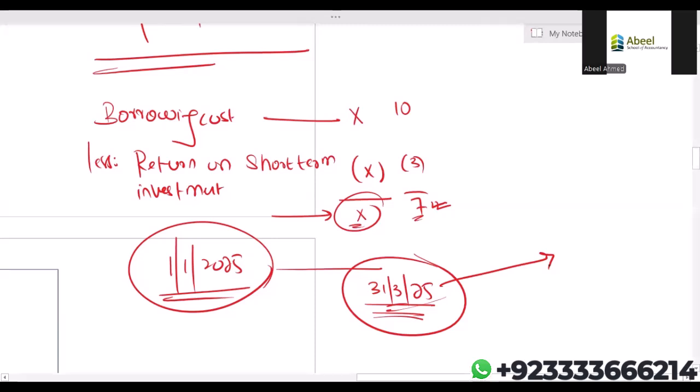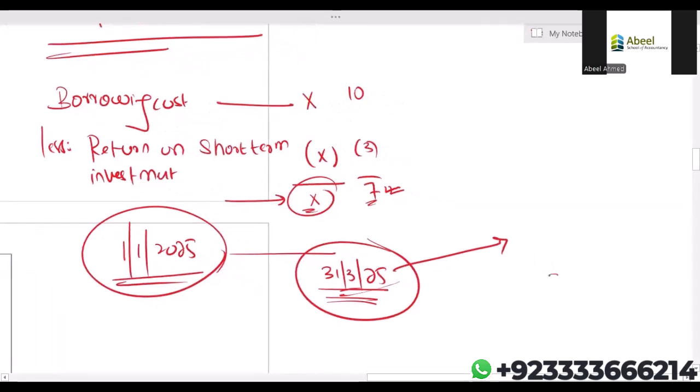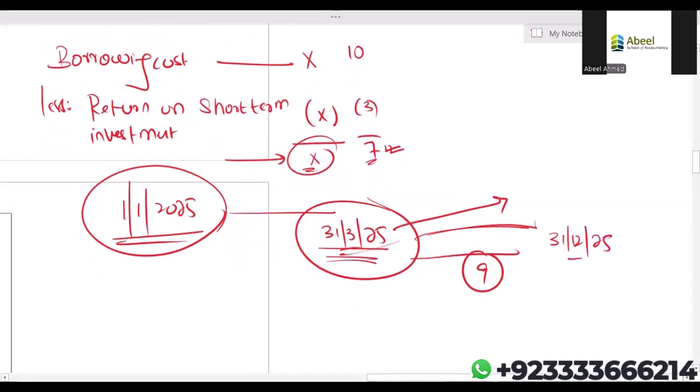So for example, the qualifying asset was completed in December 2025. In this example, borrowing costs of the last 9 months will be capitalized. Plus, if during the last 9 months in which we are capitalizing the borrowing cost, any amount was deposited and on that amount we have generated any return, only that will be deducted. So let me repeat.